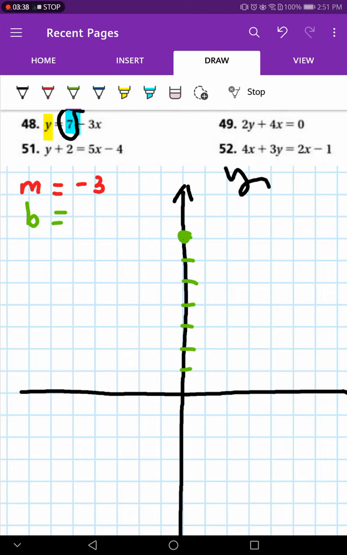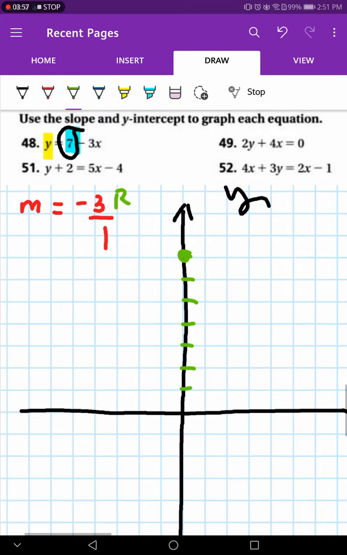I can get this from the m. I know the slope is negative 3, and the slope is rise over run. Because it is negative, I go down 3 steps, then move right 1 step.